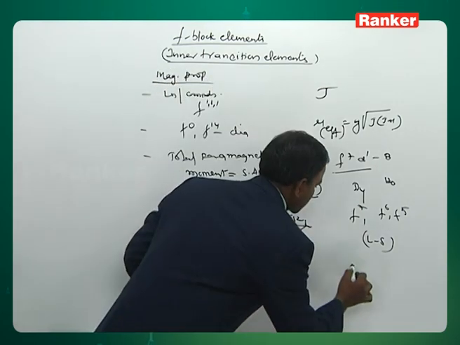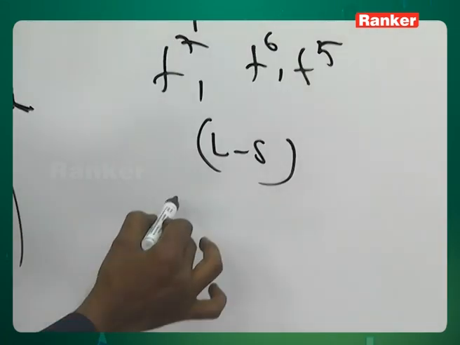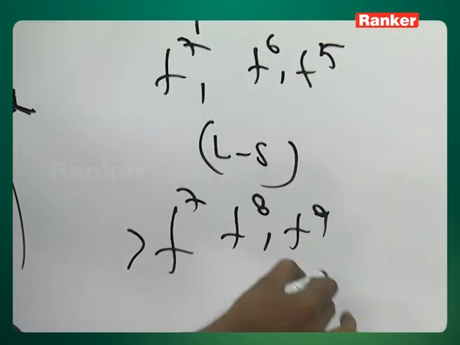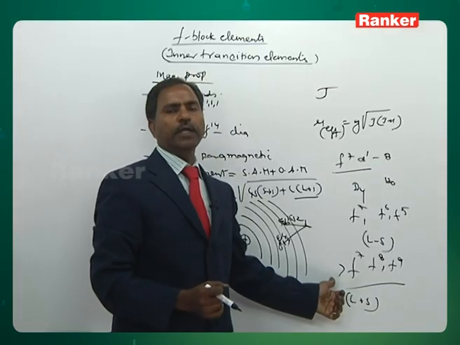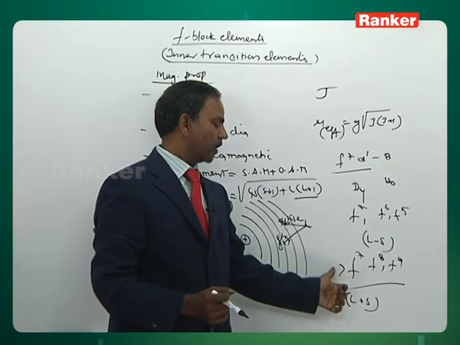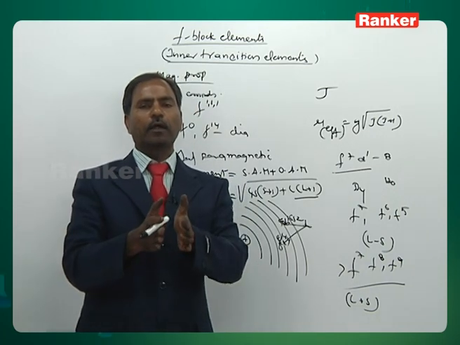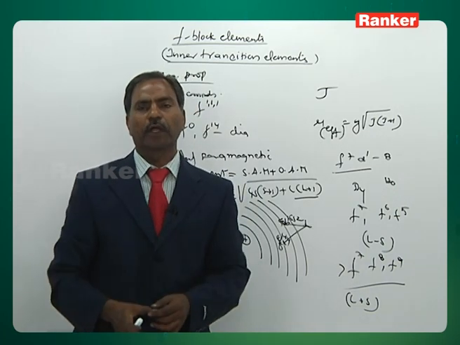Whenever the f subshell is more than half filled, consider f8, f9, then the spin angular momentum and orbital angular momentum work in the same direction.